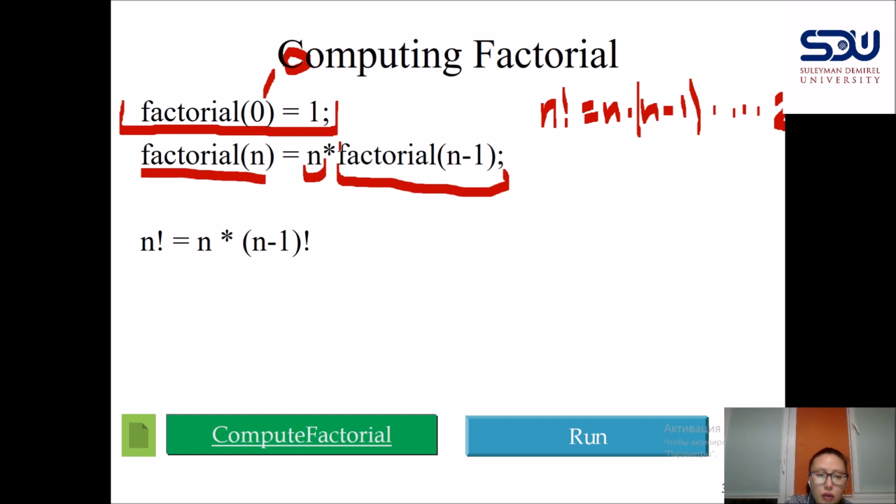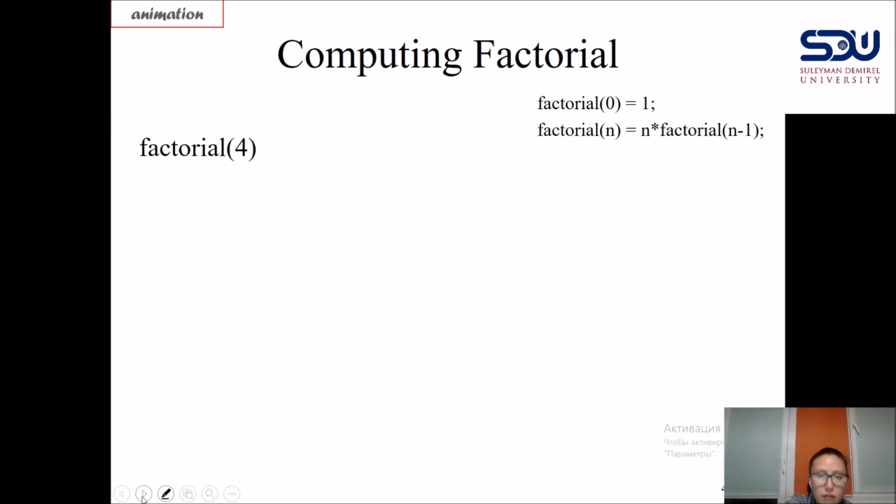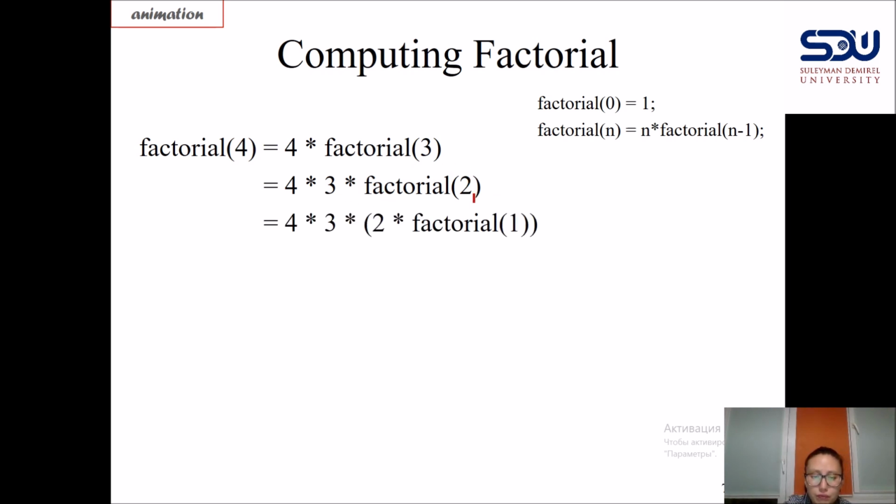Now, let us see how this factorial will work. To compute factorial 4, what do we do? First of all, we multiply 4 with factorial 3, and then we multiply 3 with factorial of the argument 2.